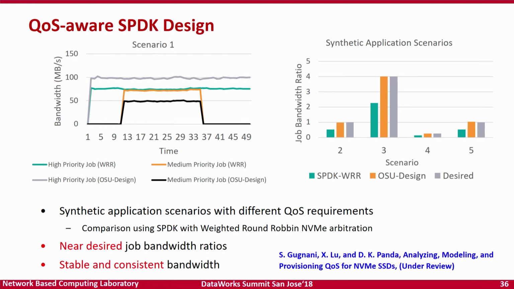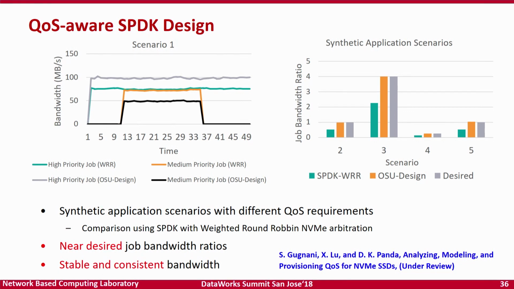And on the right-hand side, we have the job bandwidth ratios that we achieve for different application scenarios. In all of these application scenarios, we have two separate jobs running. And these jobs are typically running constant IOs with different request sizes.